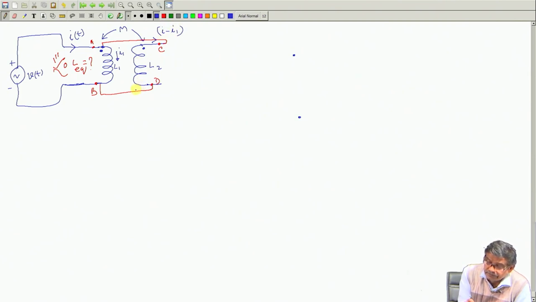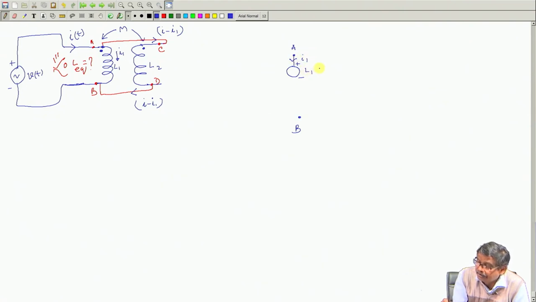So, I minus I1 is flowing here, in the direction I have mentioned, and this is I1. Let us try to see the voltage drop across AB in the first coil. L1 current is entering I1, so with L1 there is no problem, this is I1 and I will write L1 dI1/dt.